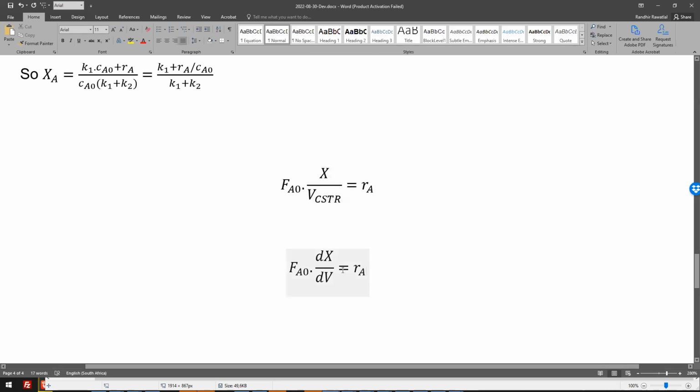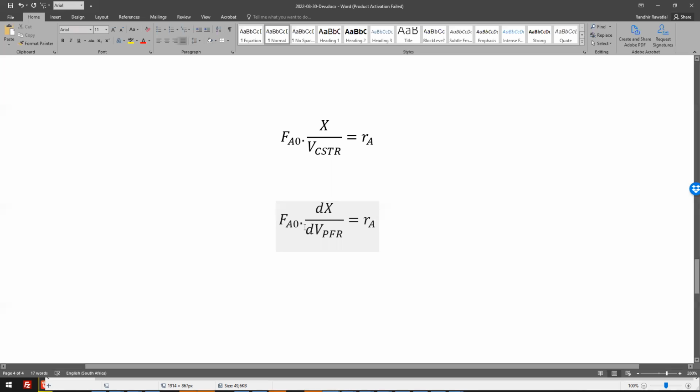Okay, so that's the CSTR, and this is the PFR. And that's the standard design equation for the PFR. It's not in a nice suitable form for us to get a volume. So what we have to do is just integrate this equation a bit.